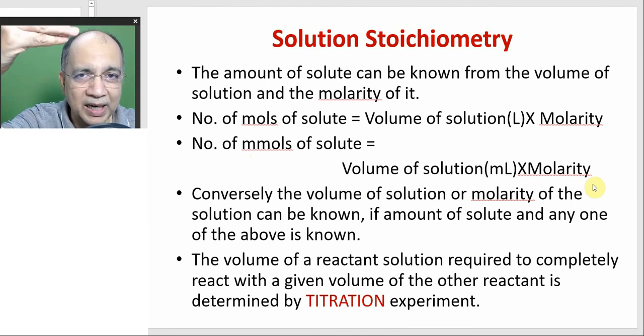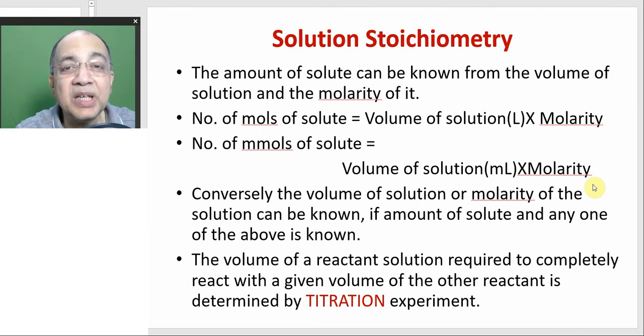A solution of reactant A will be allowed to react with a solution of reactant B till the end of the reaction. That experiment is called titration experiment. That will be performed, right?